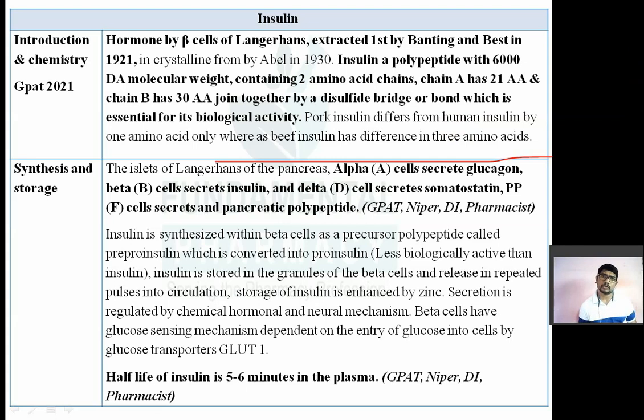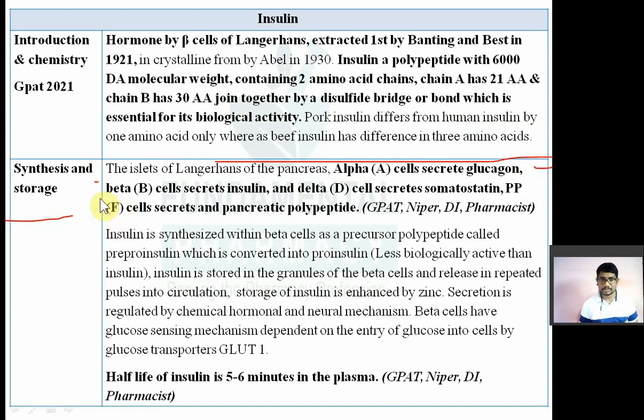Now, how is insulin synthesized and stored in the human body? You know the islets of Langerhans of the pancreas. They have different kinds of cells: alpha cells, beta cells, delta cells, and then F cells or PP cells. Alpha cells of pancreatic islets will secrete glucagon. Remember glucagon.